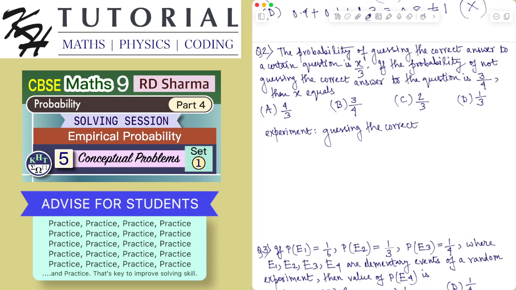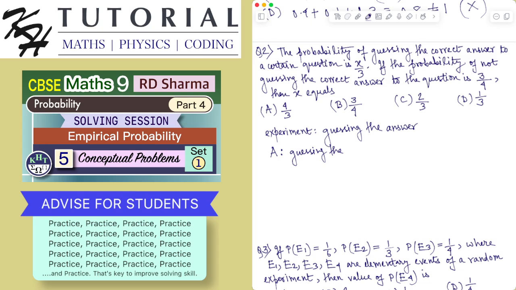If I consider A and B, there are only two possible elementary events or outcomes. Either you will guess the answer correctly, or you will guess the incorrect answer.